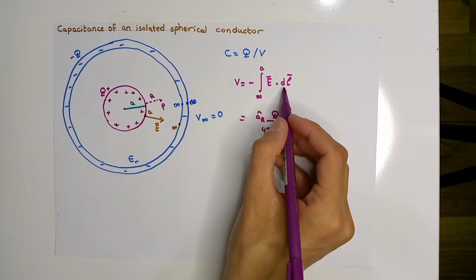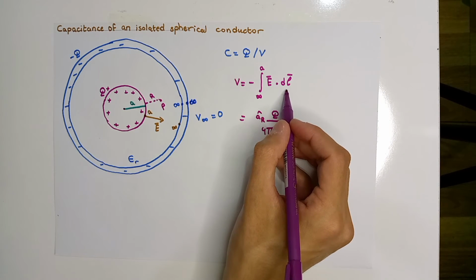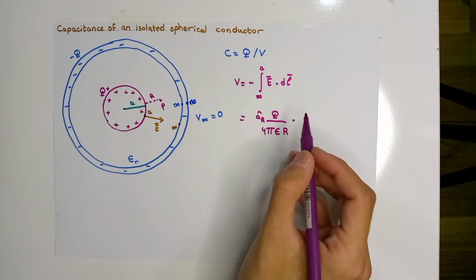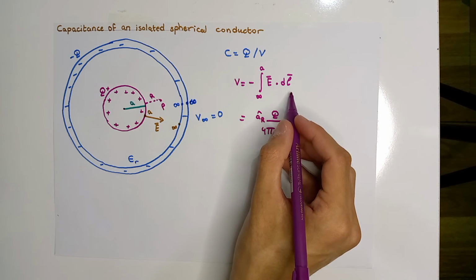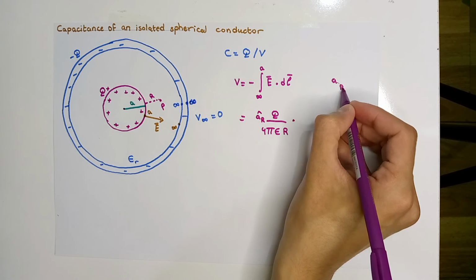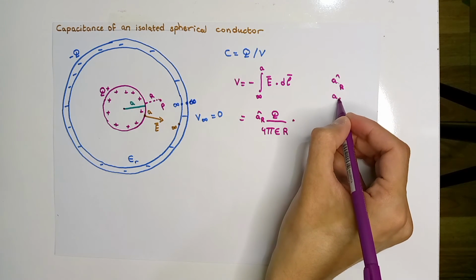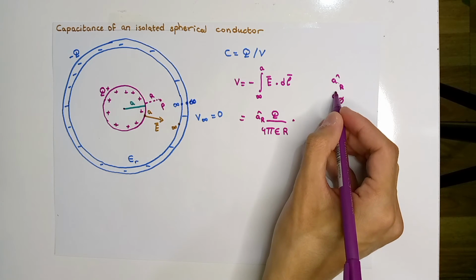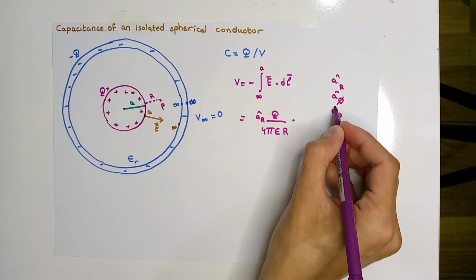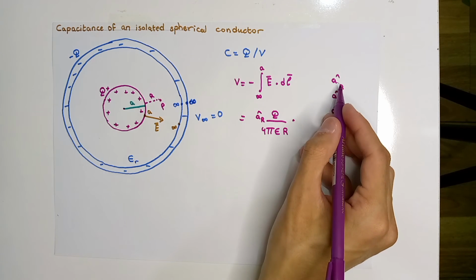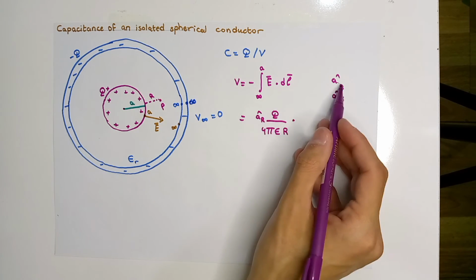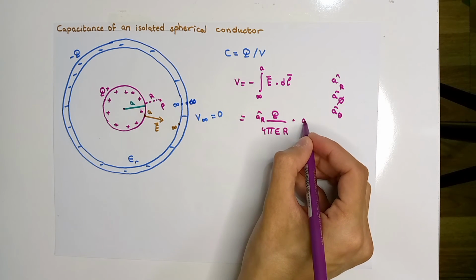So the differential length is the sum of the radial component, the azimuthal angle component and the polar angle component. The last two vanish due to the dot product with E.